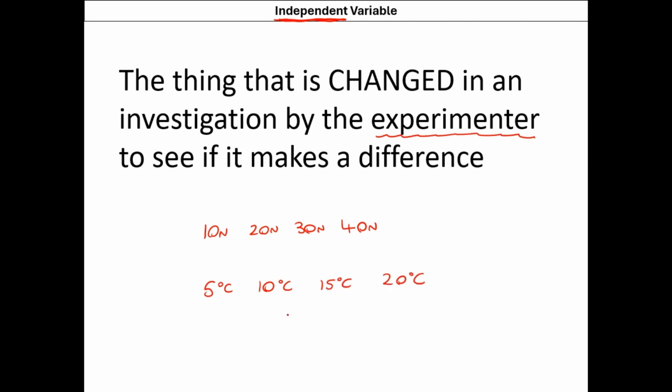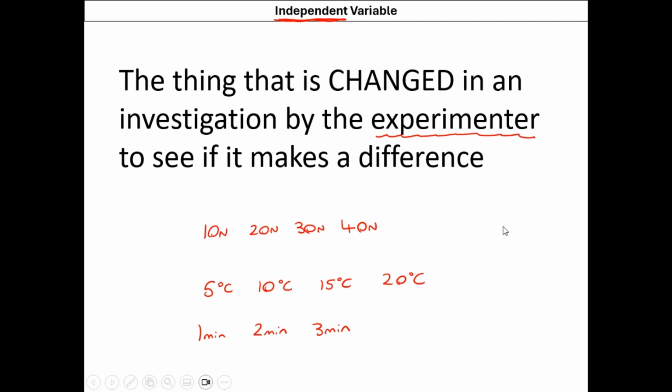They could be doing an experiment where they have to take readings at certain times. So they might choose to do it after 1 minute, 2 minutes, 3 minutes. But the point is, it's the thing that the experimenter changes. There will be other things that change, but this is what they are deciding to change.